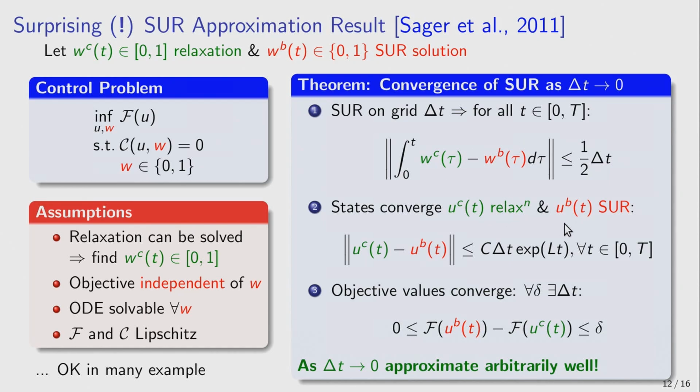And that means that I can then show, and this is a long 6-page proof that I've summarized here, that the state variables, the u's here, will converge, and then once they converge, because the u's converge, the function values also converge. So this is, on a very short slide, the proof of convergence for this method.